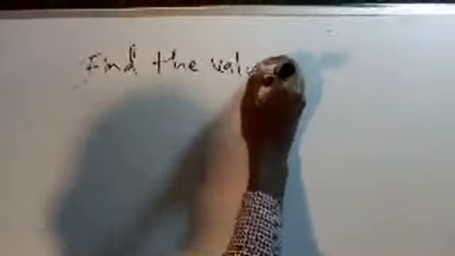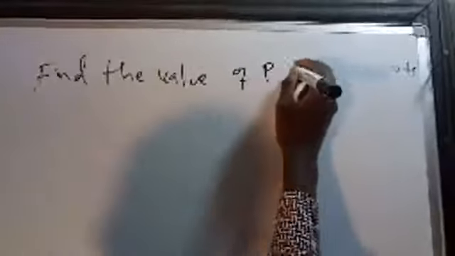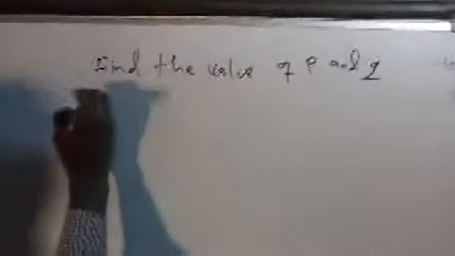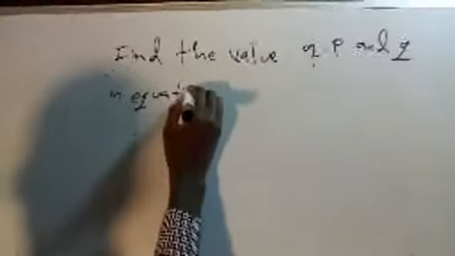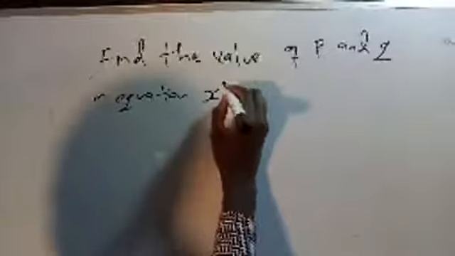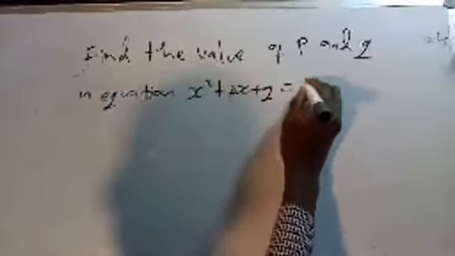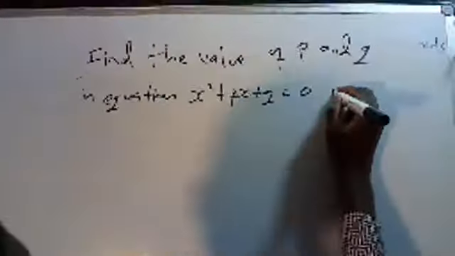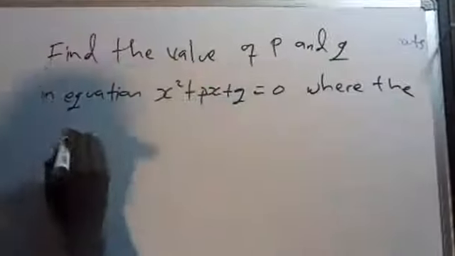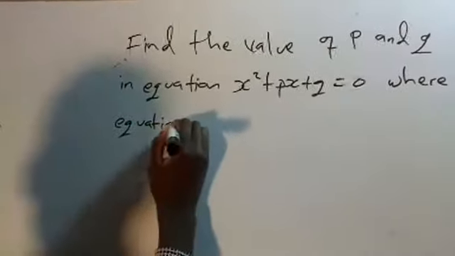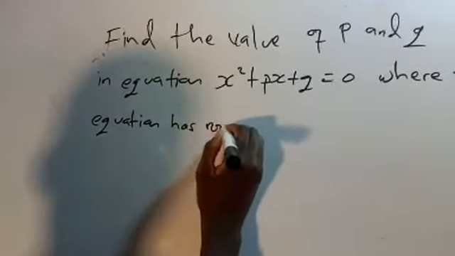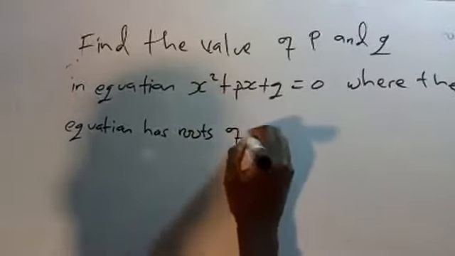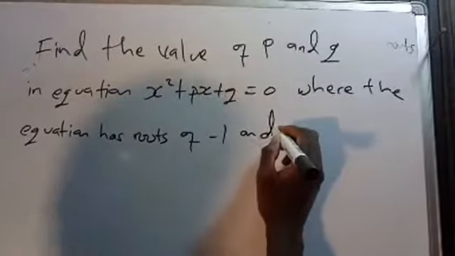The question is to find the value of p and q in the equation x squared plus px plus q equal to 0, where the equation has roots of -1 and 4.